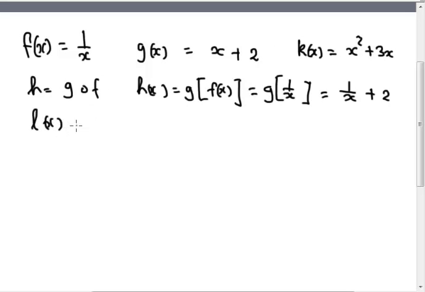Okay. Now let's say we want to compose to get another function, let's say L of x, and that function L of x is equal to g composed with k.